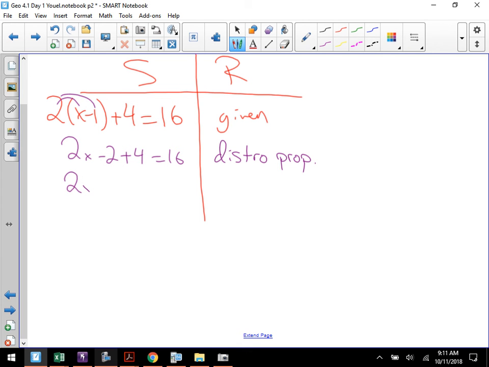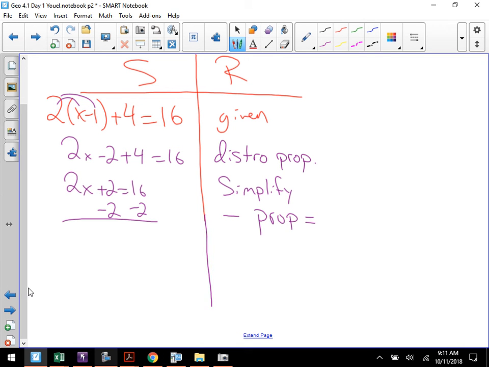So I would write 2x plus 2 is 16. Reason: simplify. Now what? Yep. Subtraction property of equality. What's my next one? Can you have multiple simplifies?